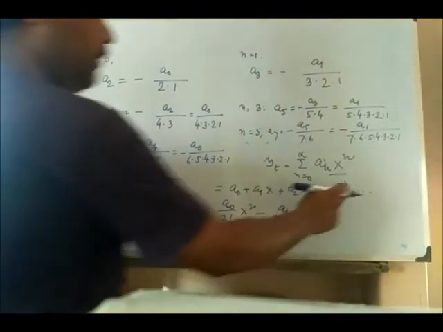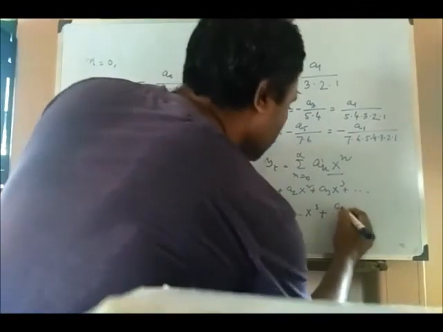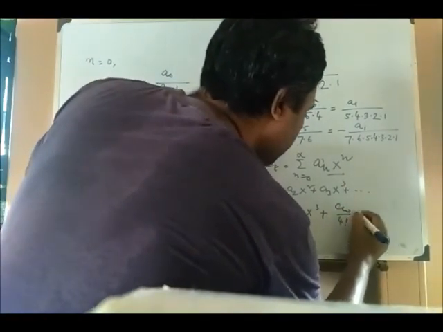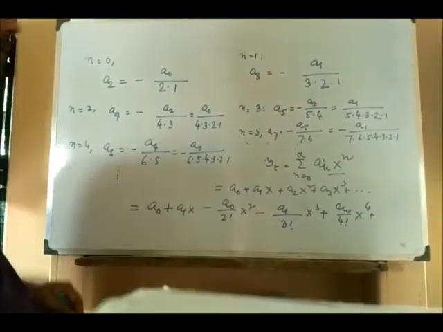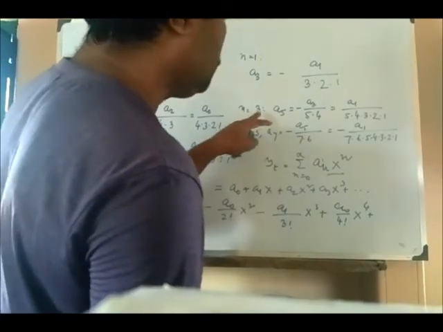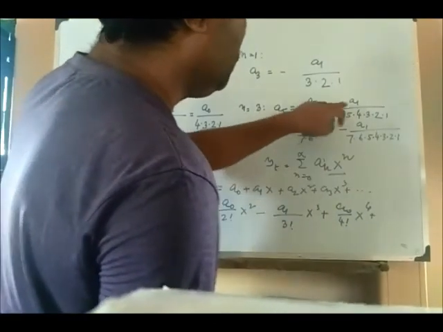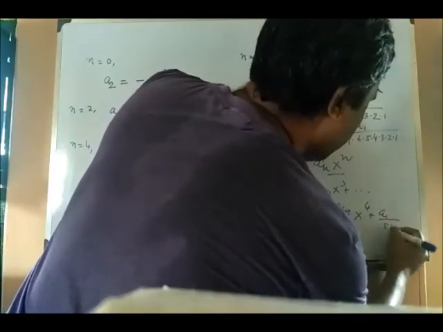Now this will be a4 x to the power 4. Now a4 here is a0 by factorial 4 x to the power 4, plus what we will get here is a5. So this will be plus a1 by factorial 5 x to the power 5.